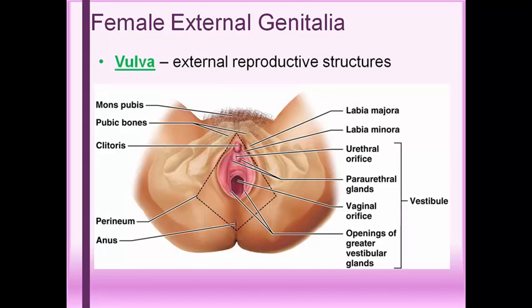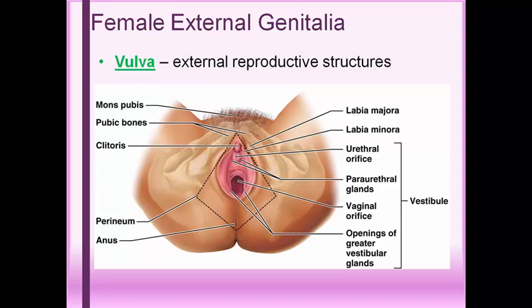We know the external reproductive structures of the female are known as the vulva. So we have the mons pubis, that's usually where the outgrowth of pubic hair is, a mound of tissue. The pubic bones lie on each side, and notice at the apex of the vulva, that's where the pubic symphysis is. Of course, the clitoris coming toward the vagina. You have the urethral orifice.